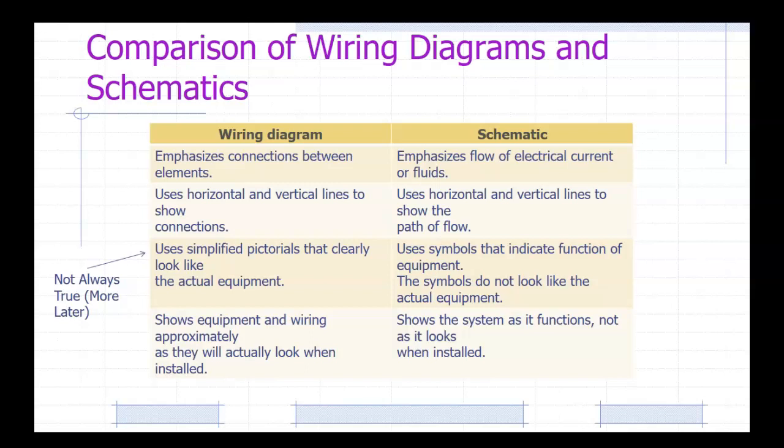Okay? Versus a schematic. So with a schematic, if I drew a schematic of, let's say, the piping in your house, from your hot water heater all the way to the last tap in your house, I could do a very close approximation, but could I be exact?